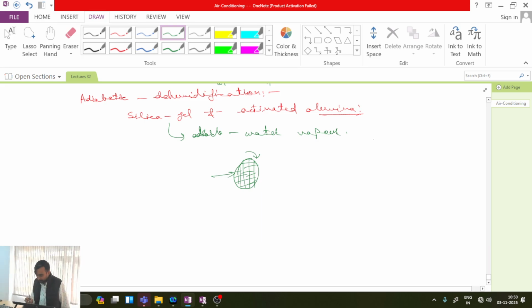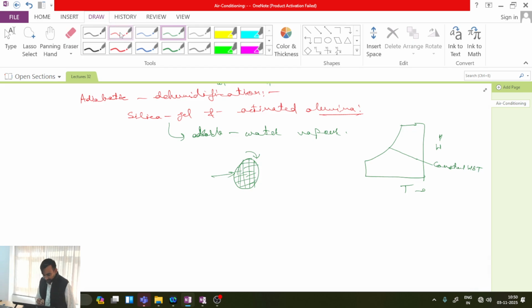So usually if I draw a psychrometric chart, then this is my constant wet bulb temperature line, this is the constant WBT line. Typically if I start from state 1, then what will be happening?